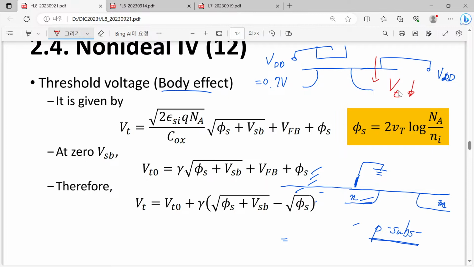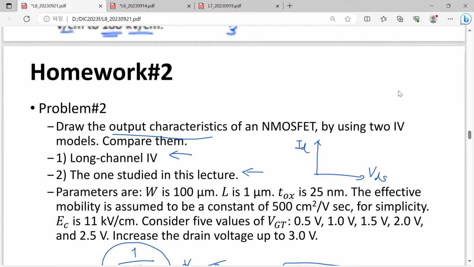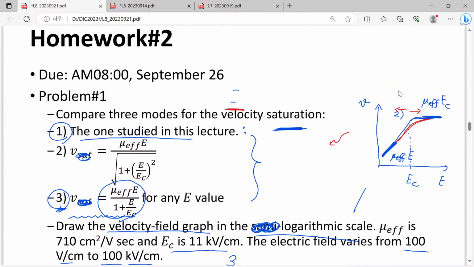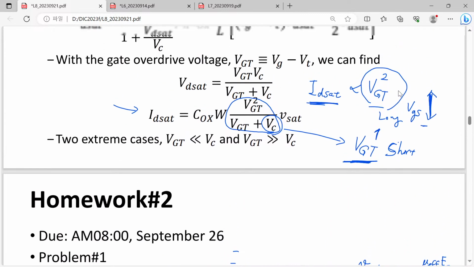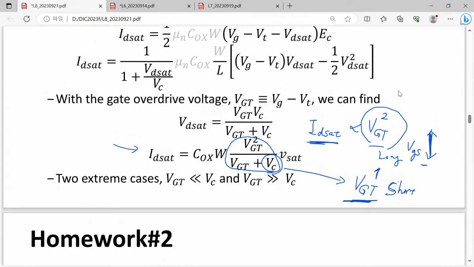So are you with me? If you remember correctly, our IV characteristics always have terms like the gate overdrive voltage. Whether that is linear or square doesn't matter. Anyway, we have something like a VGS minus VT term.